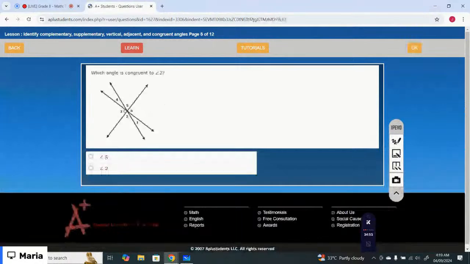Which angle is congruent to angle 2? Which is the correct option?